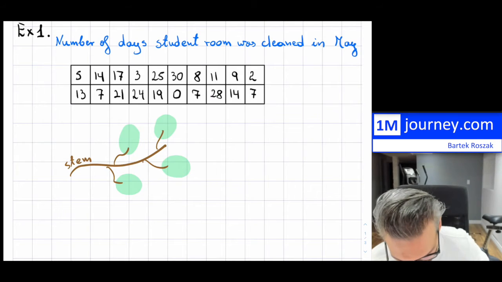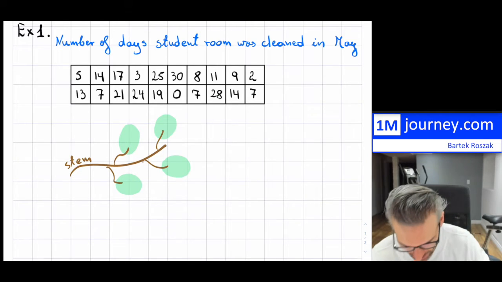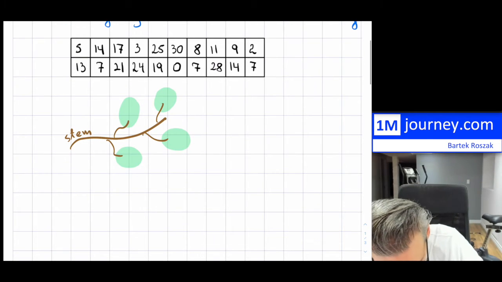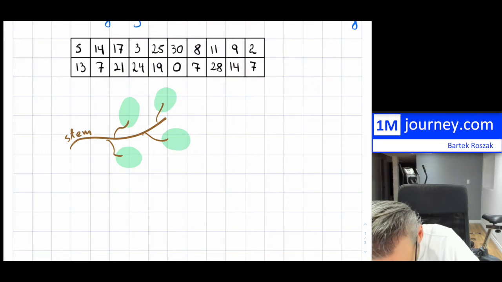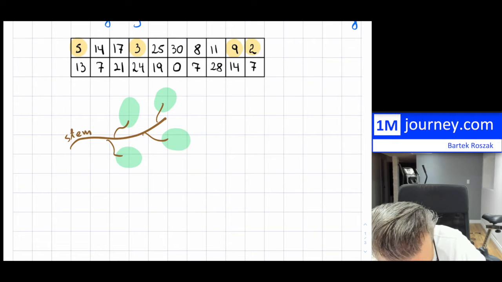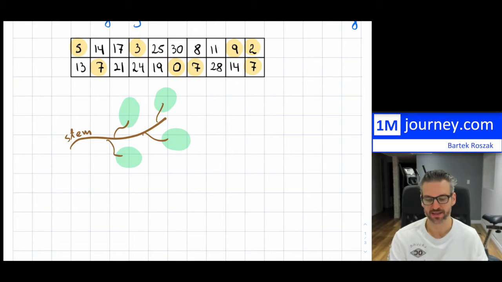So very often, because these are really just 2-digit numbers or 1-digit numbers, what we have is the following. I'm going to take all my 1-digit numbers and circle them in here. So we have 5, 3, 9, 2, 7, 0. There's 7 again and 7 again right there. So those are all my single digit numbers.